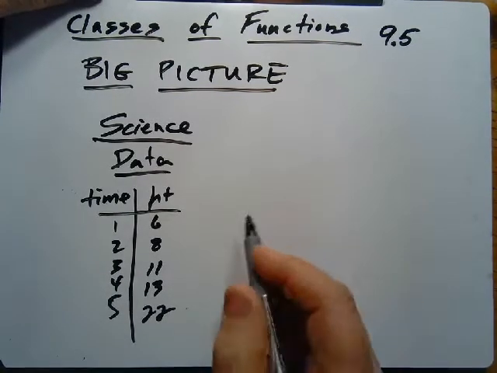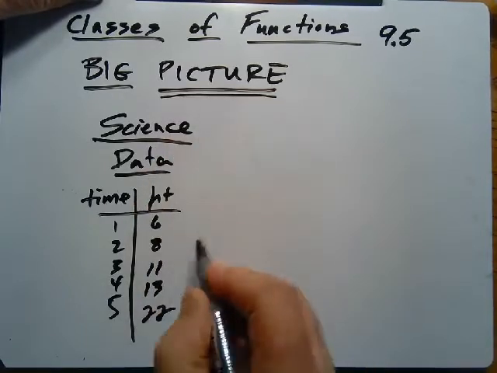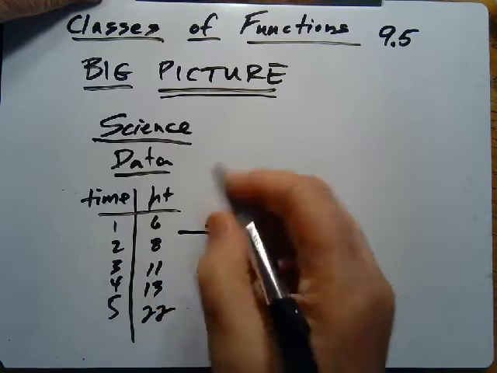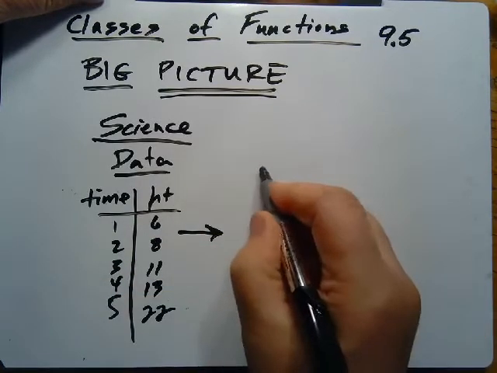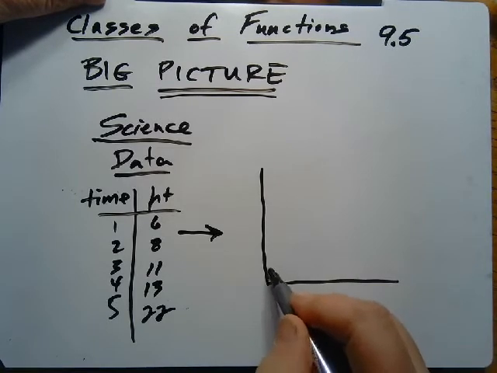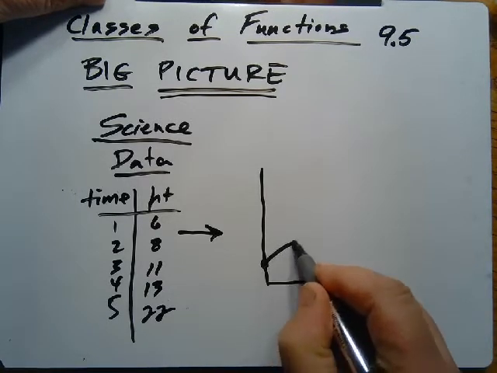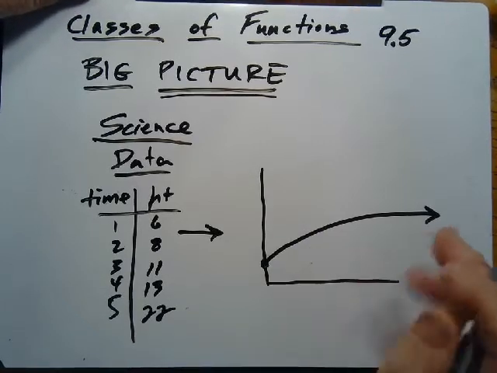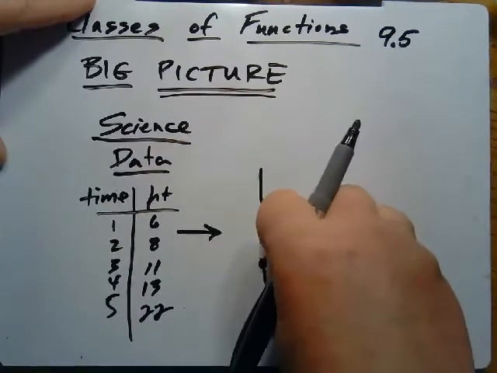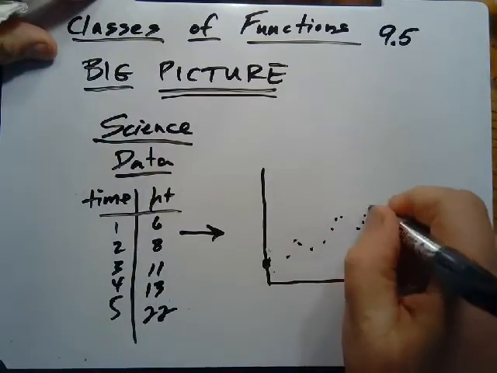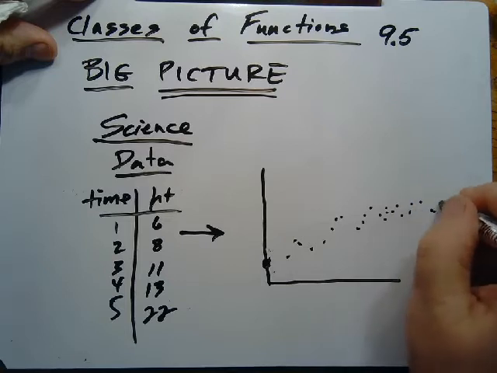Well, the idea here is that a picture is worth 1,000 words. If I was to plot all of these points, and by the way, this picture that I'm drawing is not the picture of this table here, but let's say I plotted a bunch of points and it might look something like this, and the dots are kind of spread out a little bit.